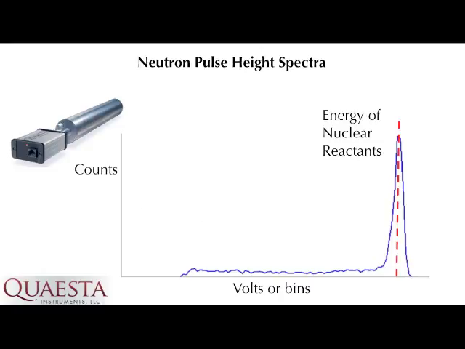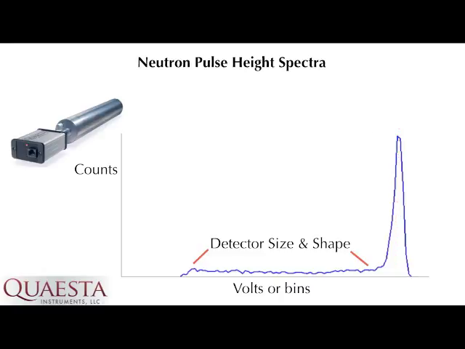For example, the position and relative height of the main signal peak is dependent upon the energy of the products of the nuclear reaction, while other features, such as the shelf region, are more dependent on the geometry, the size and shape of the detector.